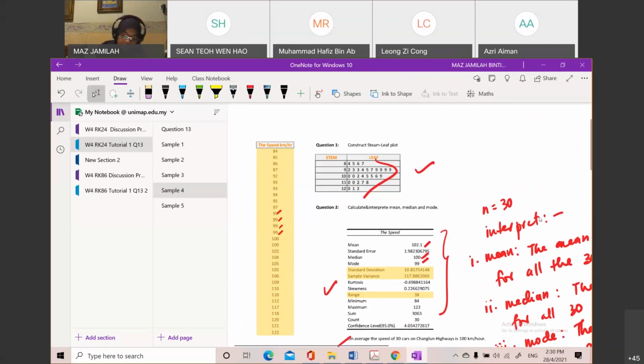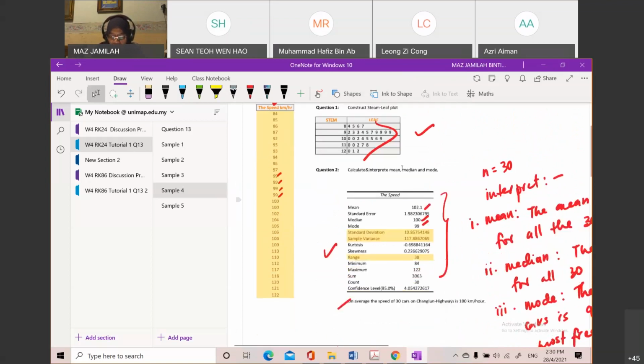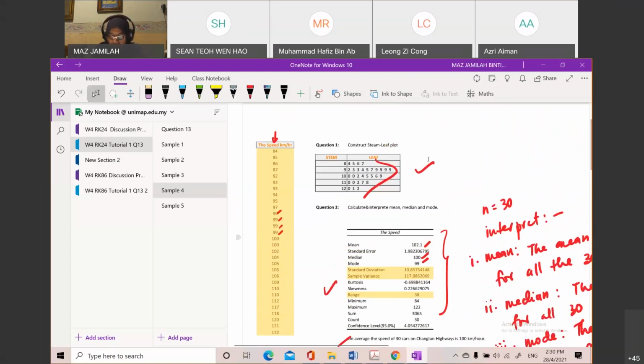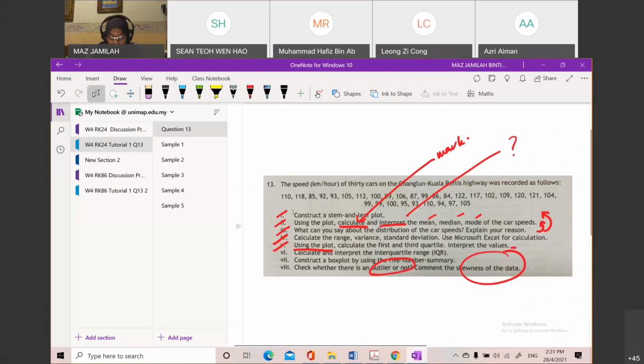In this case, the data that you have is what we call raw data. From your raw data, you will get your calculation. And the objective of your calculation is the question given here. So see how each question becomes the objective of your analysis.